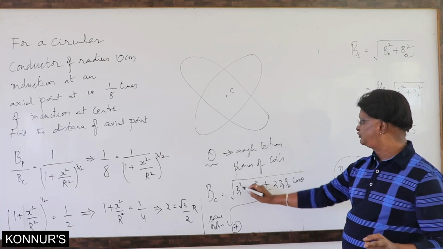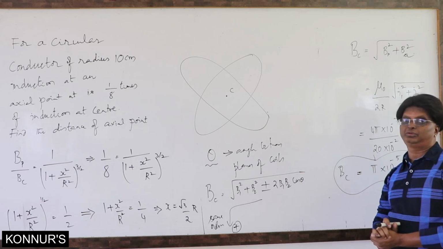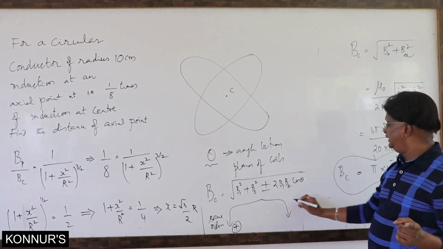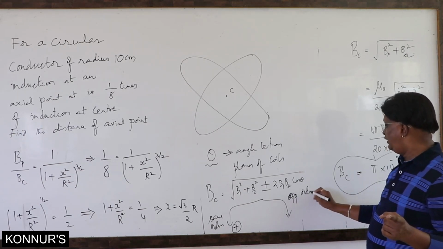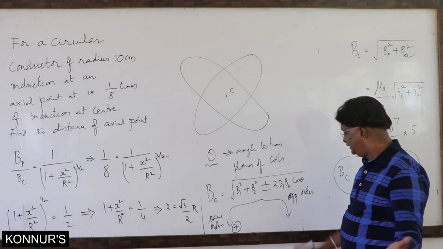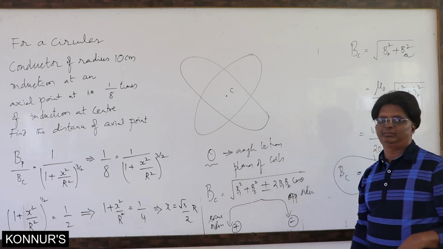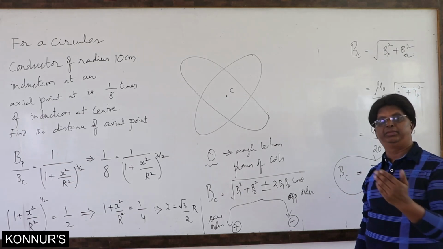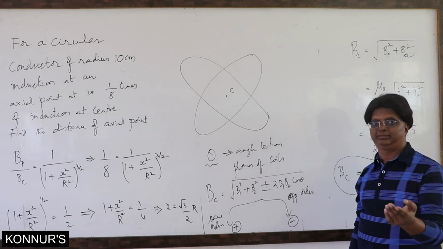Then it becomes root of B1 square plus B2 square plus 2B1 B2 cos theta. Whereas if both P and Q carry currents in opposite order, one clockwise and the other anti-clockwise, then we get root of B1 square plus B2 square minus 2B1 B2 cos theta. In the case of theta being 90 degrees, whether they are carrying parallel currents or anti-parallel currents, it does not matter.